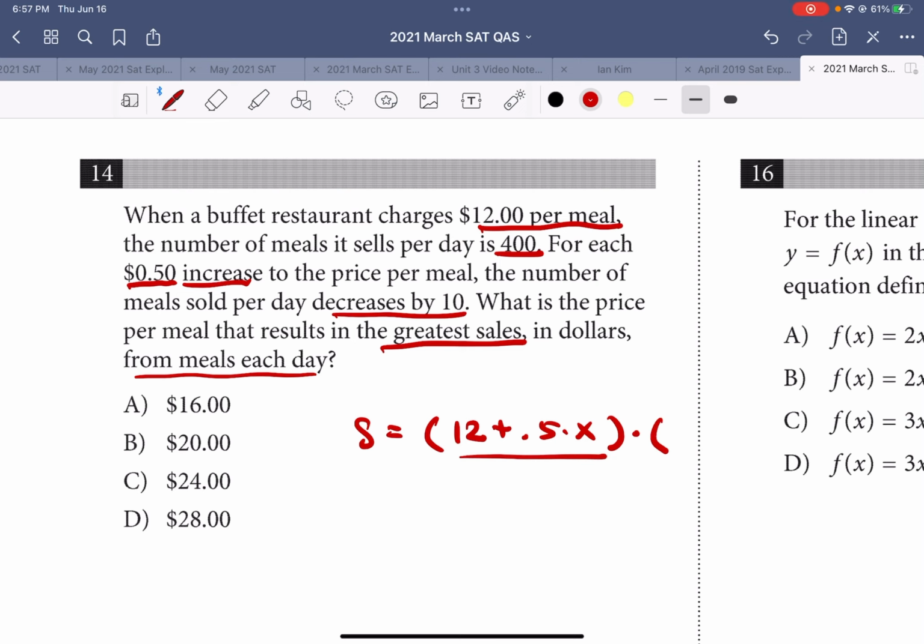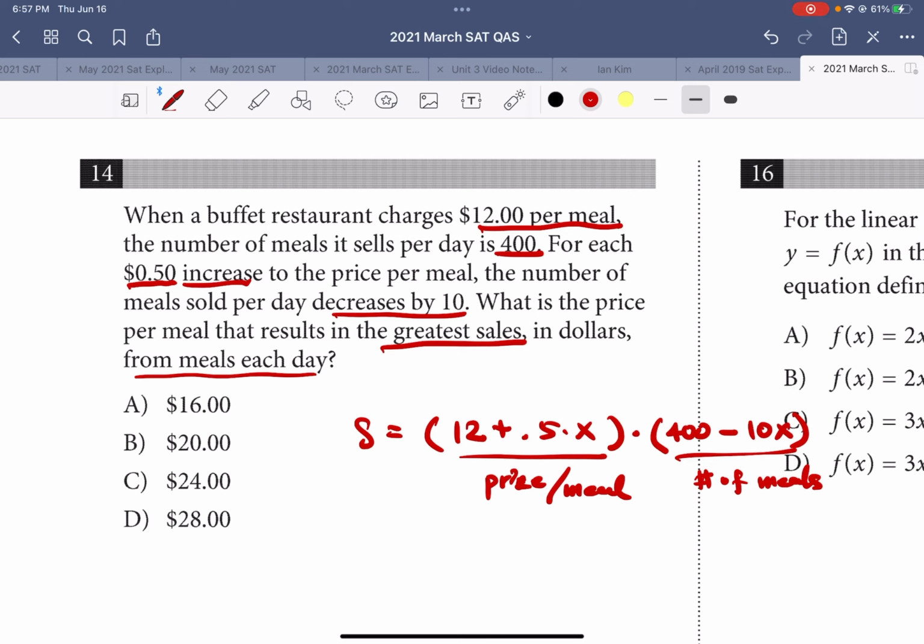Times, now, this is a unit price per meal. And the number of meals was 400, but it decreased. Every time you increase by 0.50, it decreases by 10. So it should be 10x. Okay, so this is the number of meals.